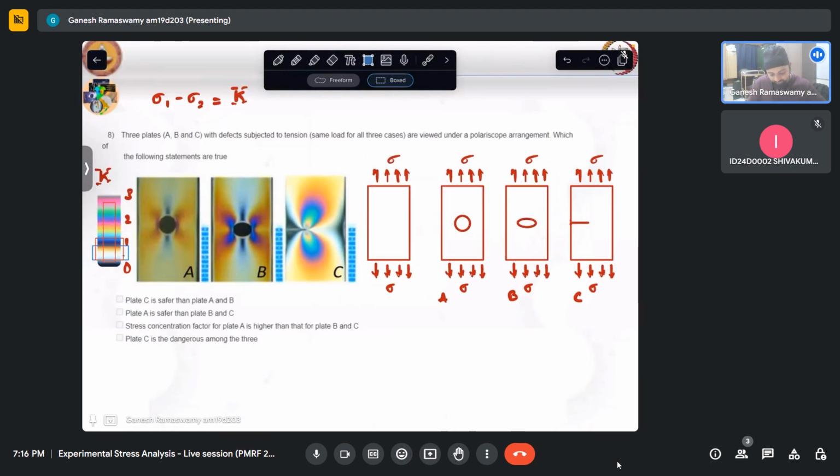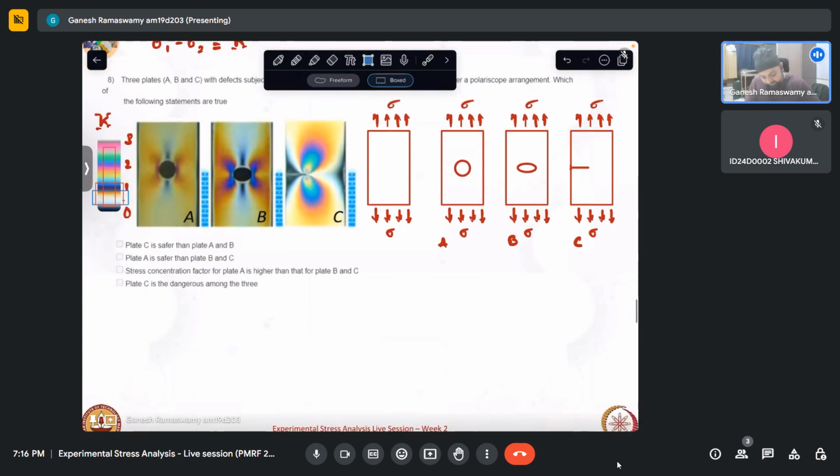So what does that imply? If I take this to be the metric, my plate with a hole ideally should have been uniform color throughout, but that didn't happen. So I had one case where the hole was circular and it was stressed till this region.